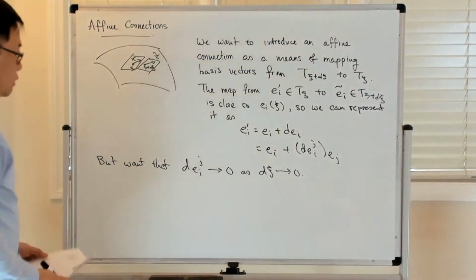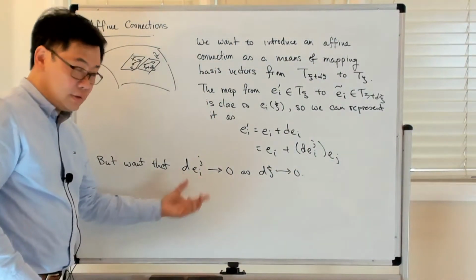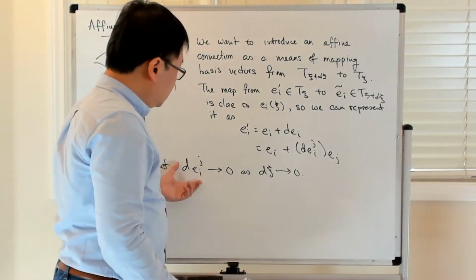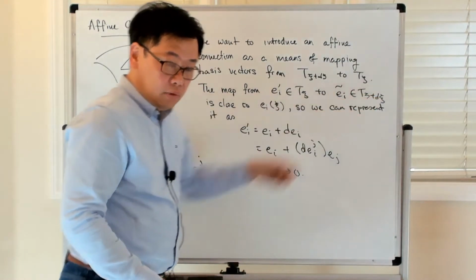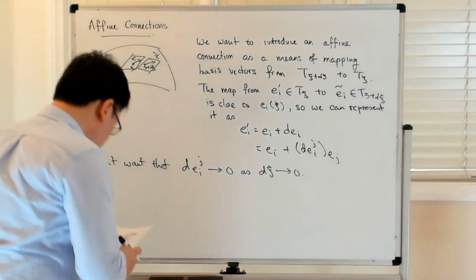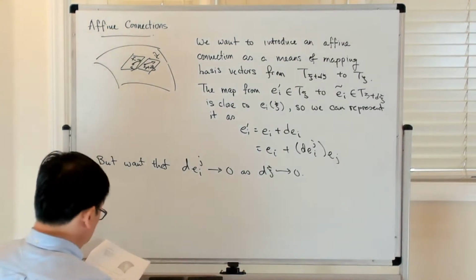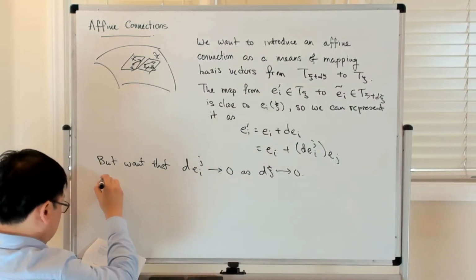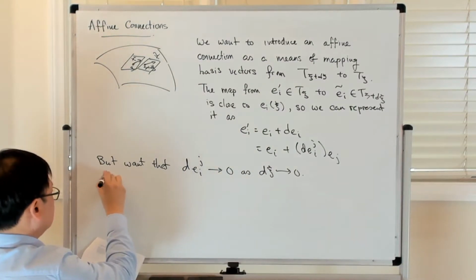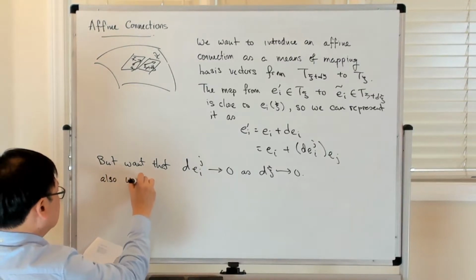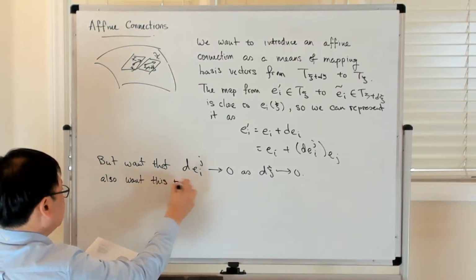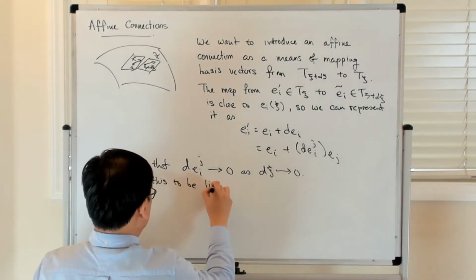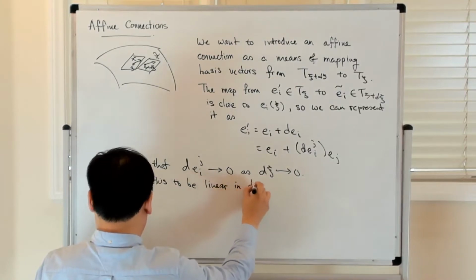All right, so what can happen is that I can write this term as some linear combination of that infinitesimal dc. I also want this d e_ij to be linear in dc.